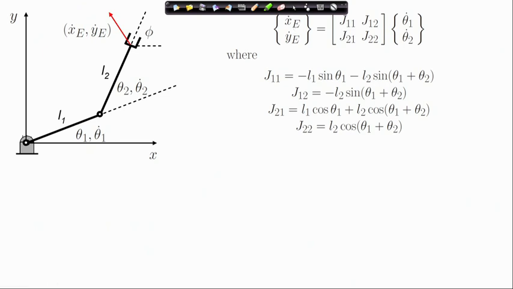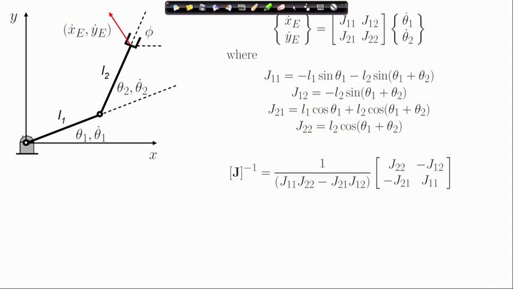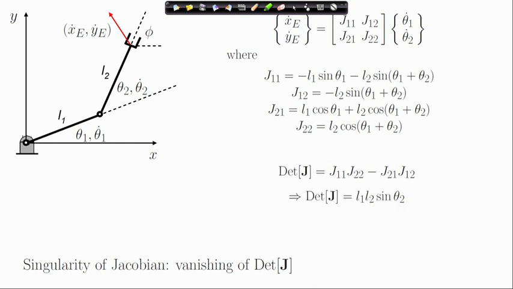So, let us look at these configurations. If you take the determinant of the Jacobian, so this is the inverse. Now, as I have mentioned, singularity of the Jacobian is the vanishing of the determinant. Now, if you take the determinant of this Jacobian for the 2R manipulator, we have this as the determinant. Now, at which point will this determinant vanish?